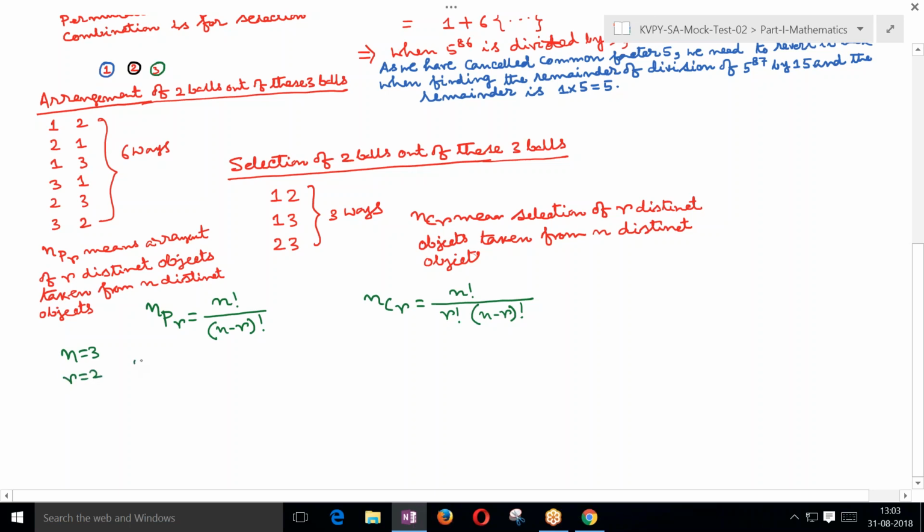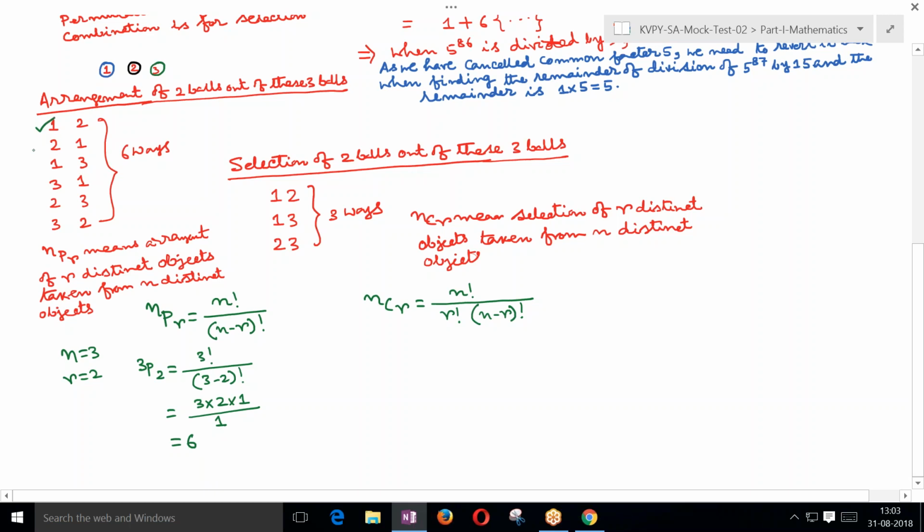So it is 3P2, which is equal to 3 factorial divided by (3 minus 2) factorial. 3 factorial is 3 into 2 into 1, I hope you are aware of factorial, and 3 minus 2 is 1, and 1 factorial is 1. So 3 into 2 is equal to 6.